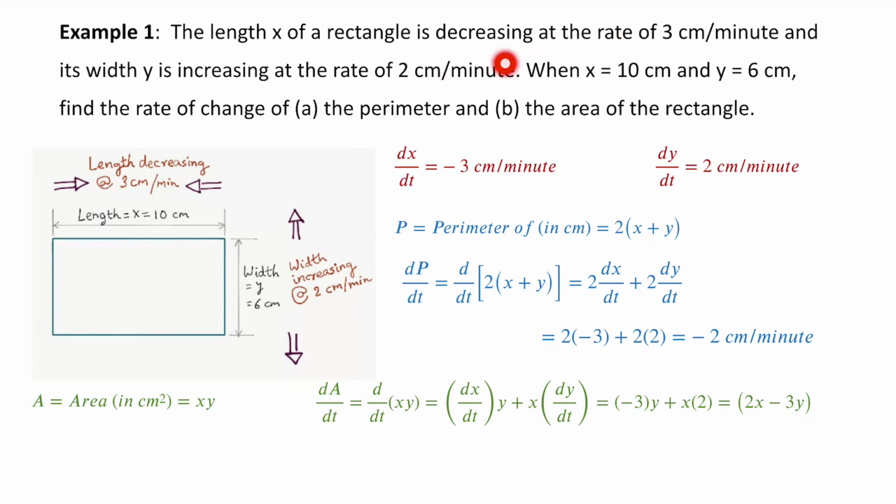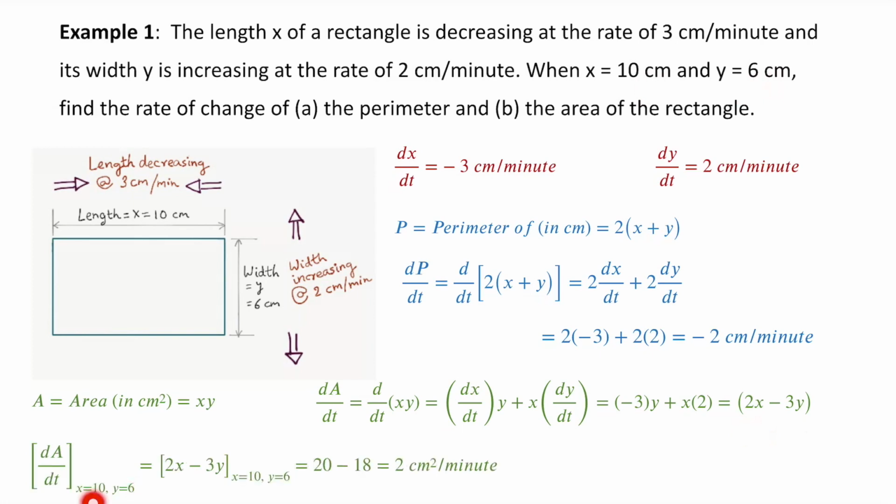And we have been asked to calculate that at the time when x is 10 centimeters and y is 6 centimeters. So, therefore, all that we need to do is plug in those values here, and that is what we have done here at the bottom. So, we write it as dA/dt in square brackets, and as a subscript we indicate the point at which we are expected to calculate that.